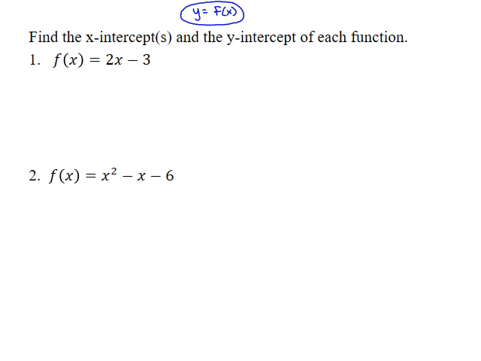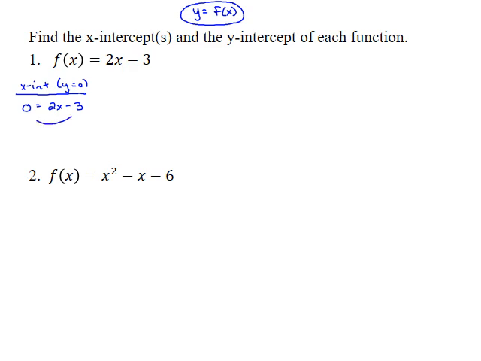Our first one is f of x equals 2x minus 3. I always start with the x-intercepts. That's just my preference, but it doesn't really matter which one you do first. So remember, for the x-intercept, you need to let y equal 0, or in this case, let f of x be 0. That means we will have 0 equals 2x minus 3.